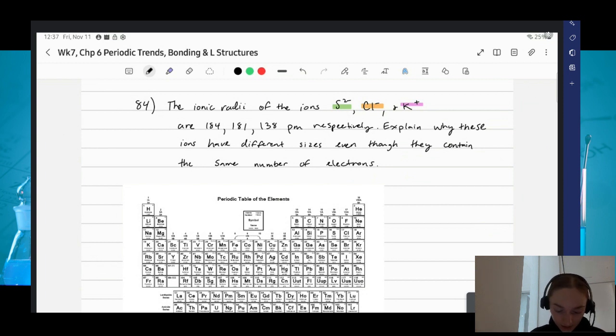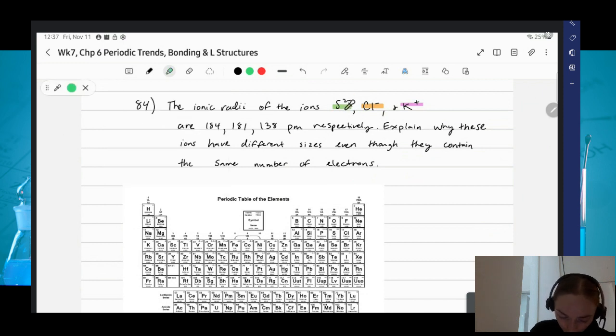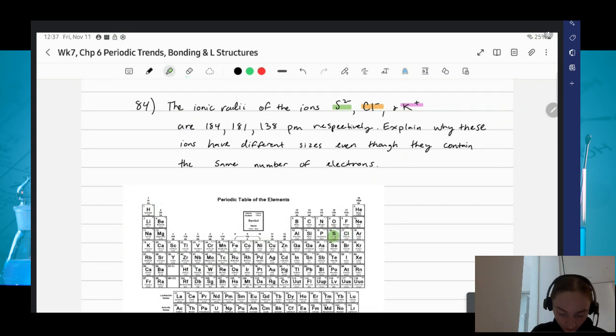Okay, so let's first find them on the periodic table, and then it will be easier. So we have sulfur here, and then we have chlorine, and then we have potassium right here.